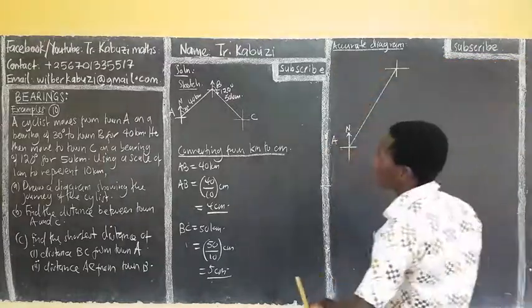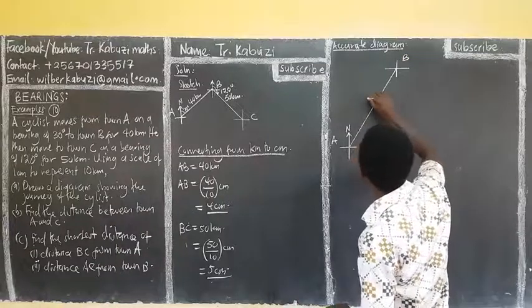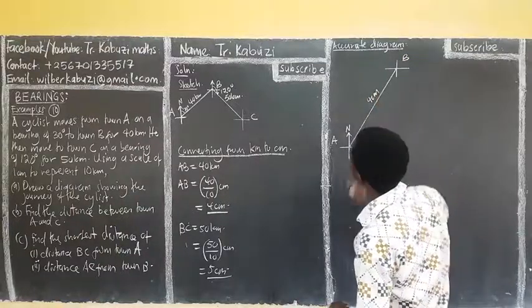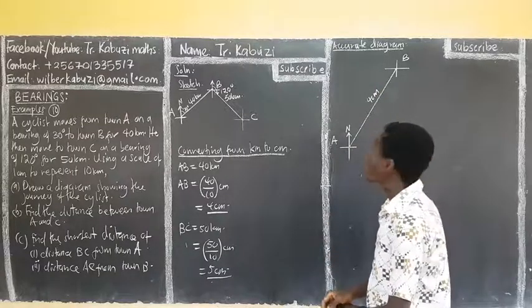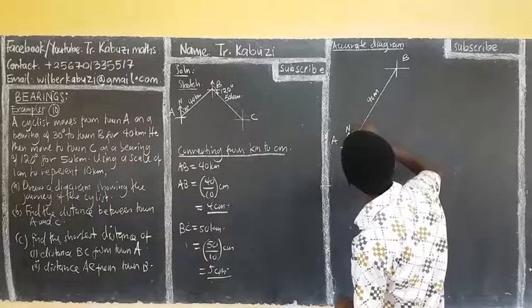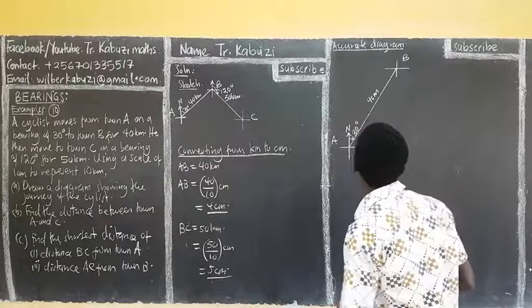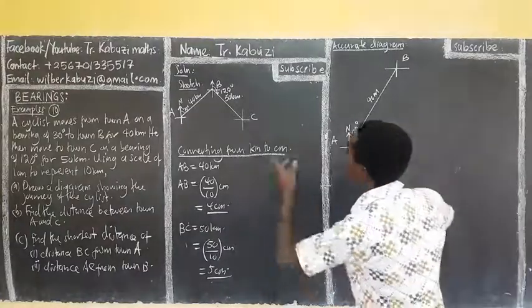So now this is going to be my point B, and this is going to be 4 centimeters. Because I'm on the graph, I can't put kilometers on the graph. Then this bearing here is 30 degrees. Then I measure from there, as it then changes to 120 degrees.